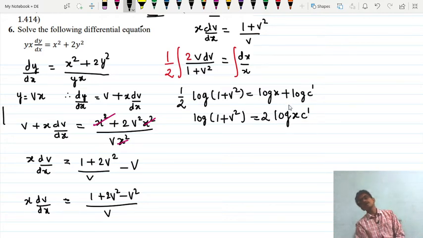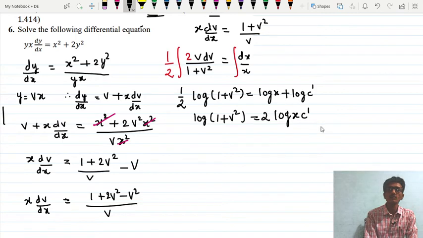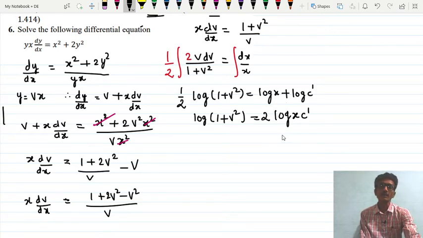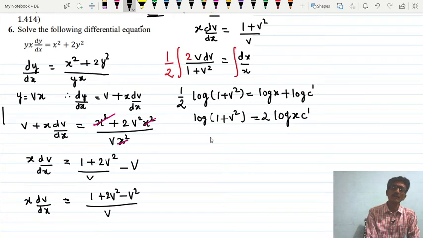So log x plus log c is log of x into c dash. This 2 we have multiplied here, so that it is log of 1 plus v square.